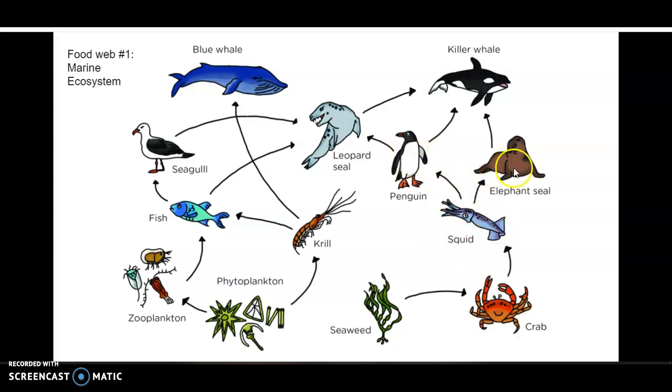And then that will continue to go up into the food web until the penguins no longer have food, the elephant seal no longer has food. So now the killer whale, its only food source is the leopard seal, but the leopard seal is losing one of its food sources. So it's a whole domino effect. And you can follow those different effects by just following the arrows.